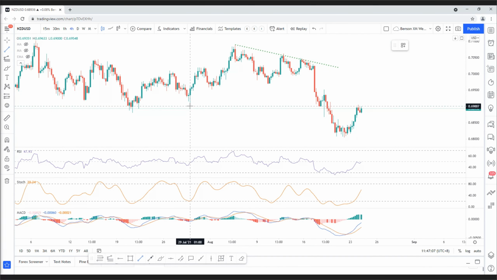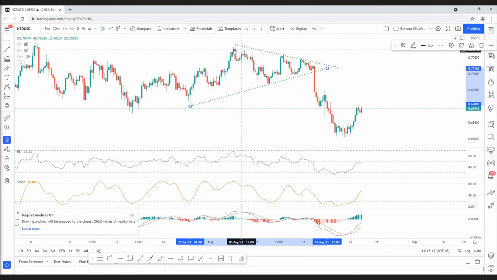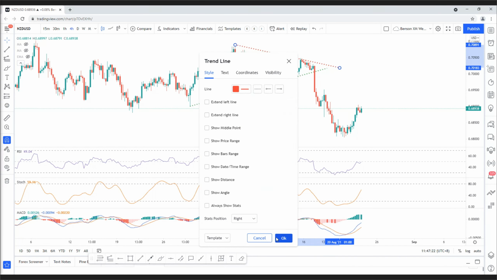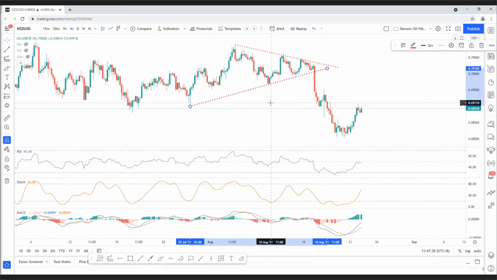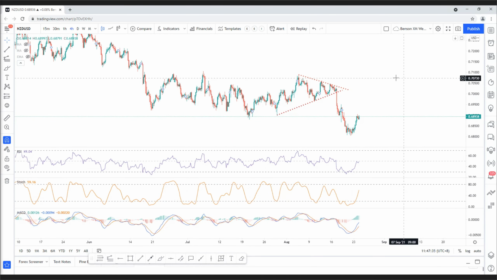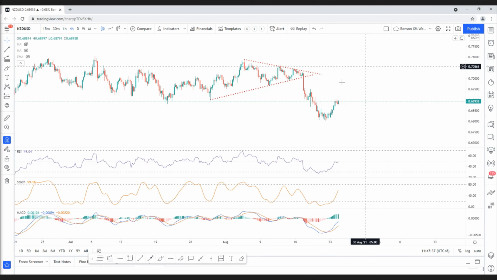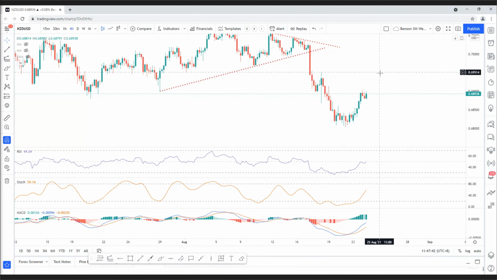Let me just draw it out. So this was a triangle pattern that was forming in Kiwi dollar just a few weeks ago.